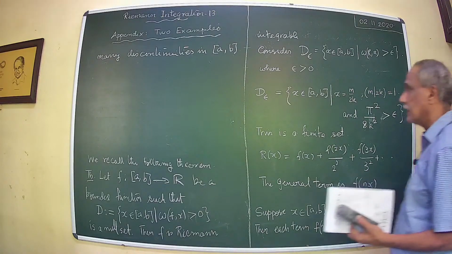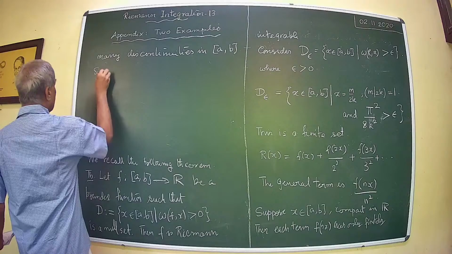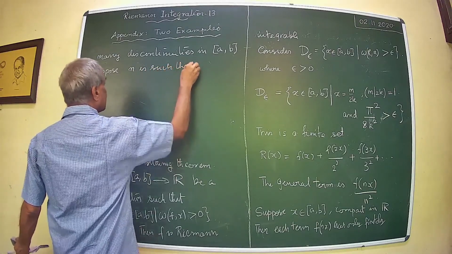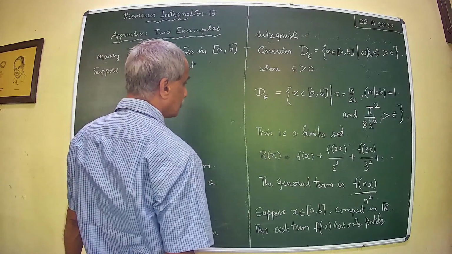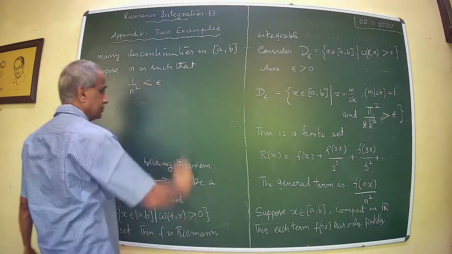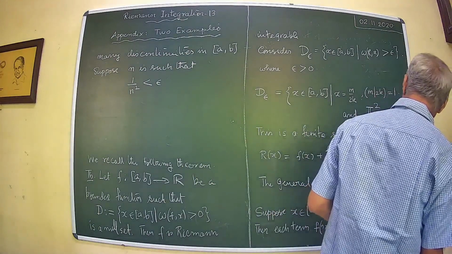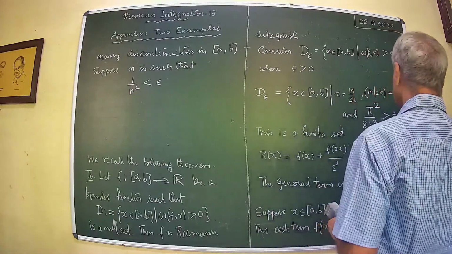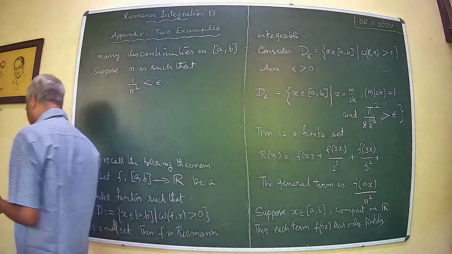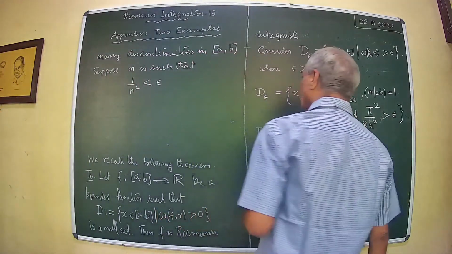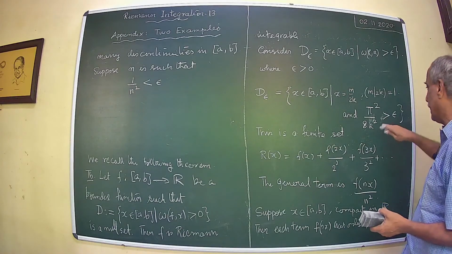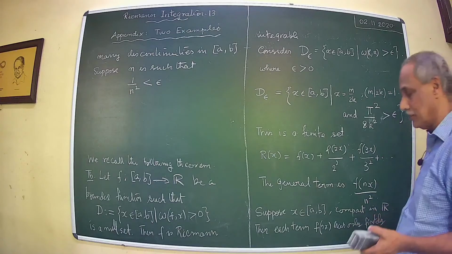The third thing is that suppose one by n square is less than epsilon, then you see that if you insist on the jump discontinuity to be greater than epsilon, then what happens?